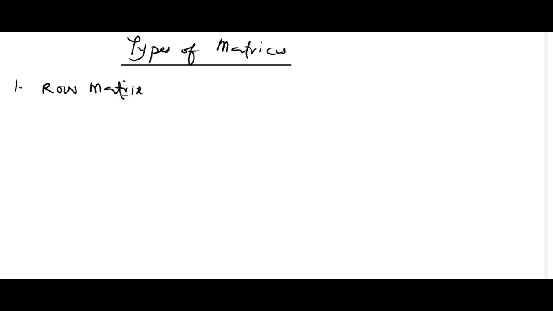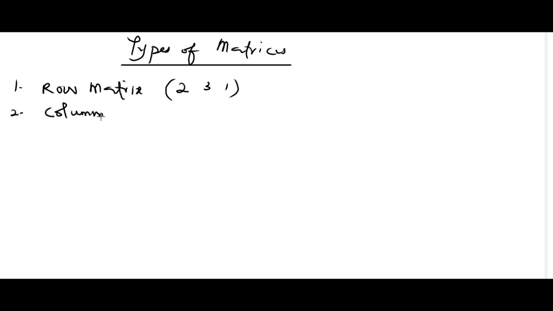A row matrix is a matrix that has only one row, that is a single row, and any number of columns. Example is 2, 3, 1. Here we have just one row and we have 3 columns. So this is 1 by 3 matrix. Any matrix that has just one row is known as a row matrix.